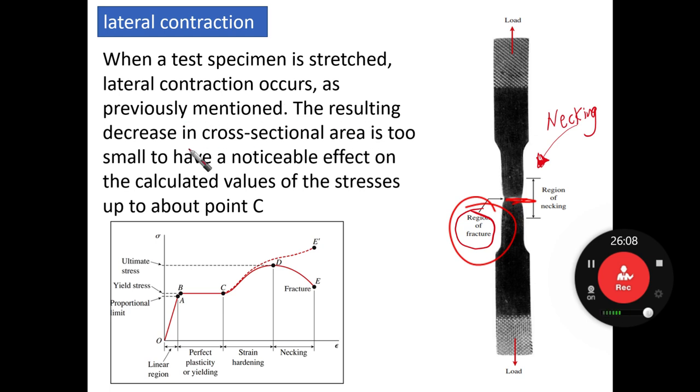The resulting decrease in cross-sectional area is too small to have a noticeable effect on the calculated values of the stresses up to about point C. So until this point C, the stress-strain curve is okay for us.